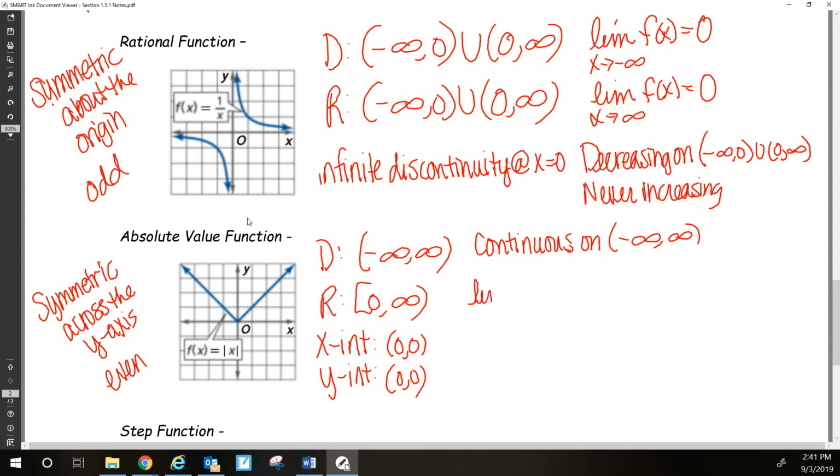We can do our limits as we go to negative infinity. This graph is going off to positive infinity. As x goes to positive infinity, y's are going to positive infinity. Decreasing and increasing.